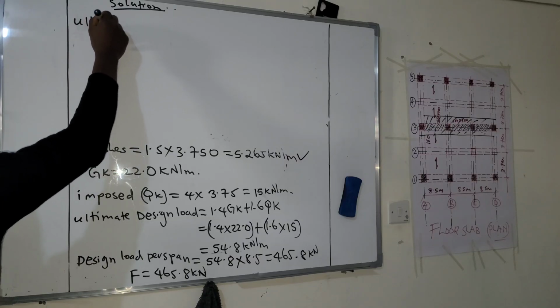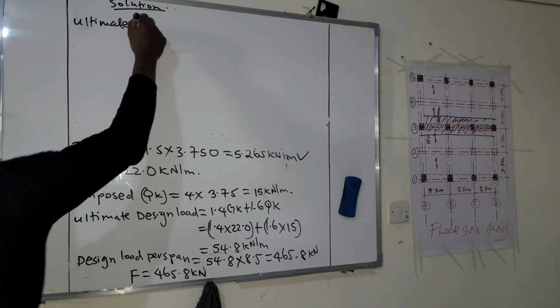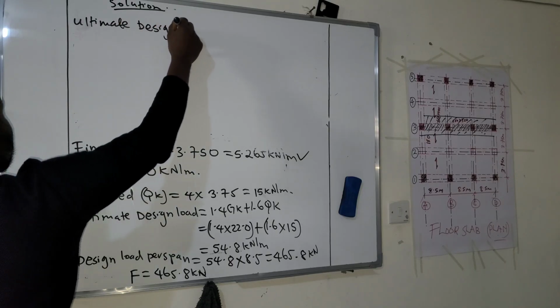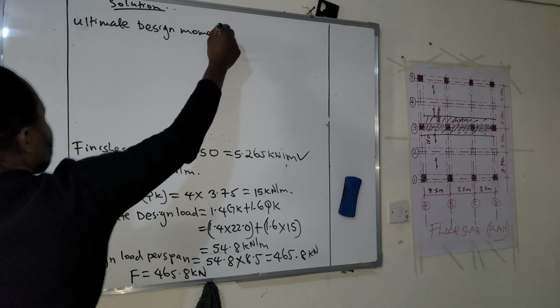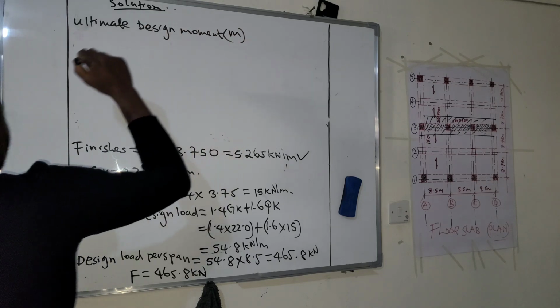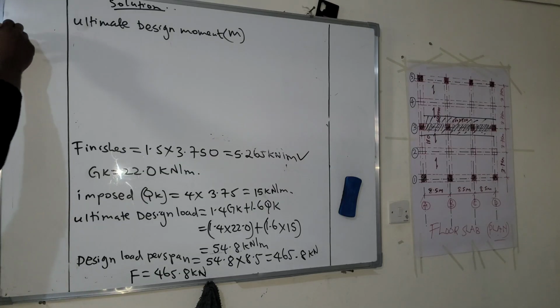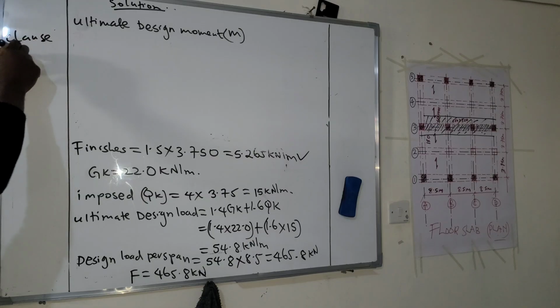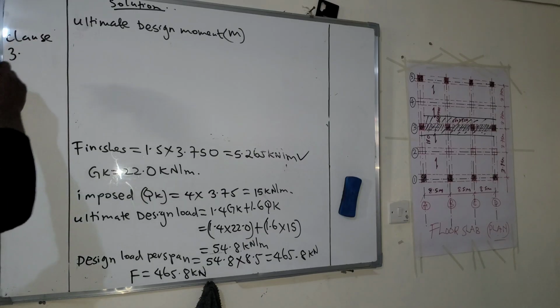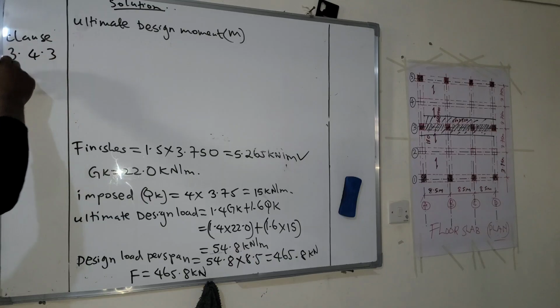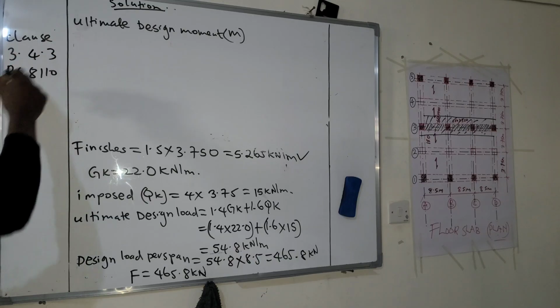So we now proceed to the ultimate design moment, which is M. So this one, we check if our load satisfies the condition provided in clause 3.4.3 of BS 8110.